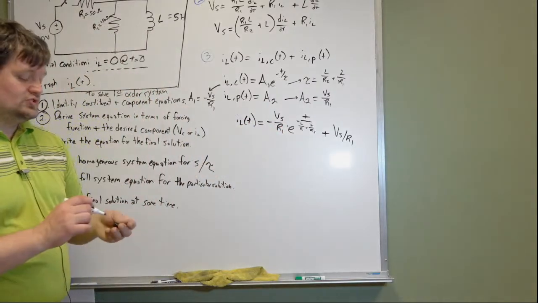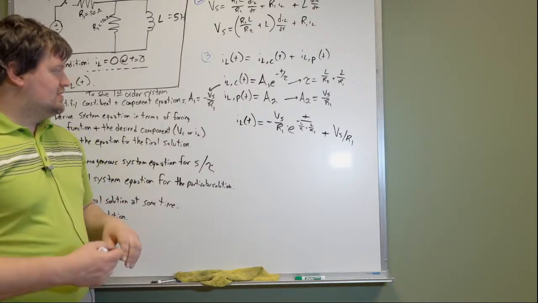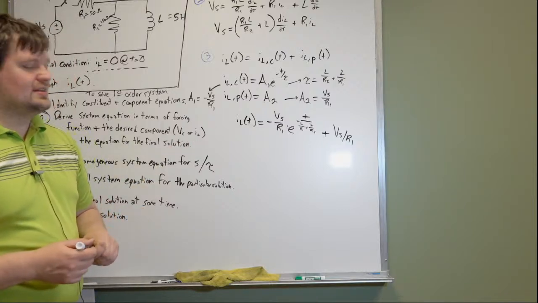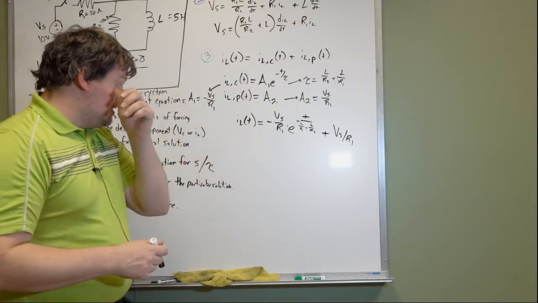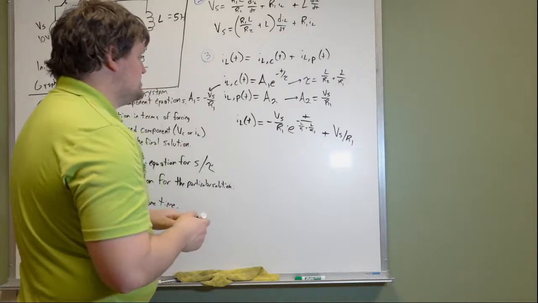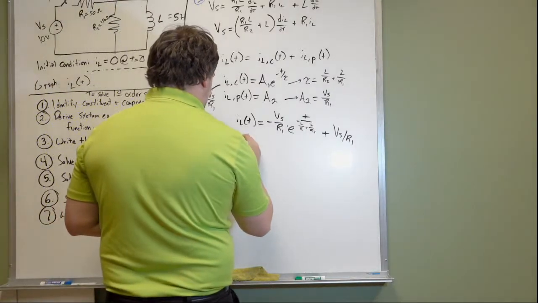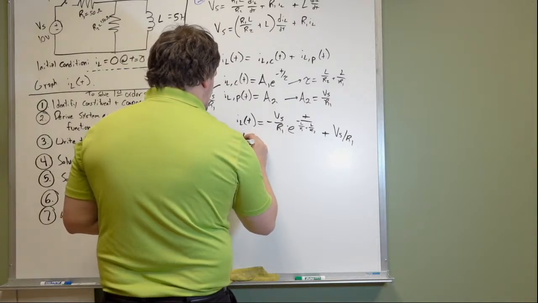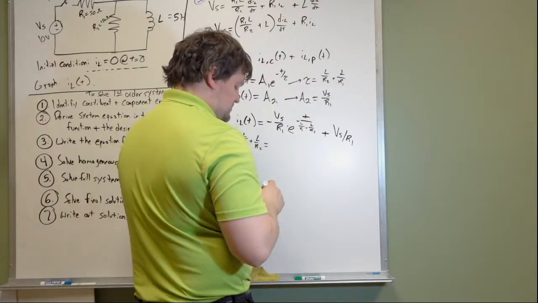Okay, so let's unpack it. Well, let's graph this before we get anything too wild. First of all, how long does it take before this reaches equilibrium? Well, let's calculate the value of tau. Tau is equal to L over R1 plus L over R2.